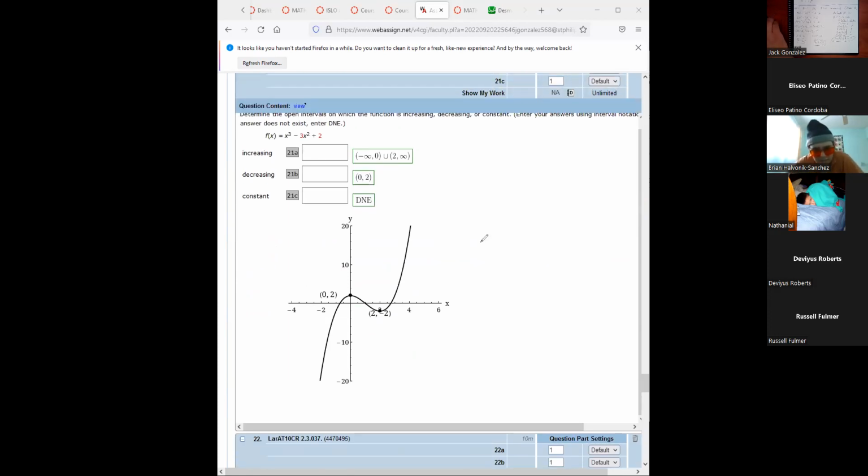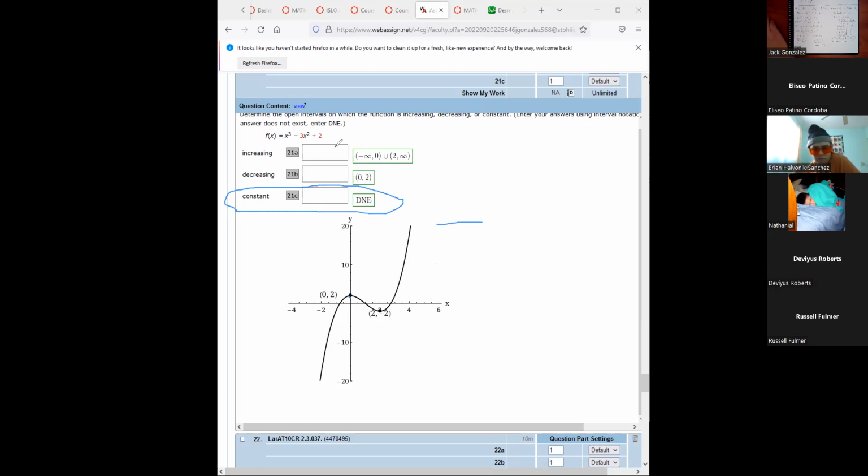If you have a location where the function is just straight like this, that is going to be a location of constant slope. So the function would be constant here. Technically these points would be constant, but since they're asking about intervals, that's why they say it does not exist. Because they're single points.